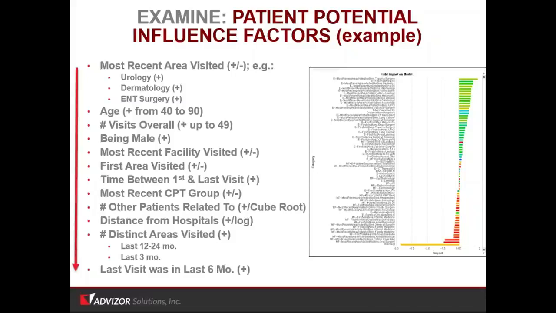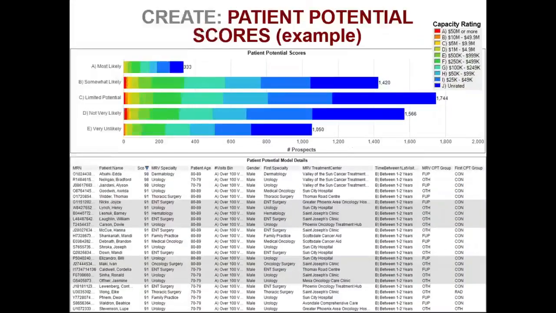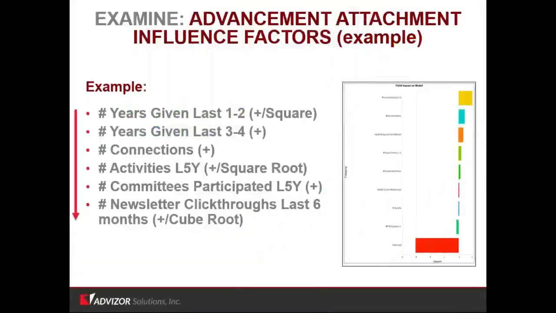There's one here about the advancement attachment factors. So this is cultivation, and this is where the advancement team can take a patient potential and, by creating more advancement attachment, increase the potential of a gift and also the potential size of the gift.